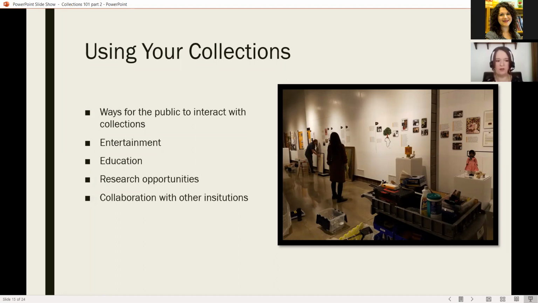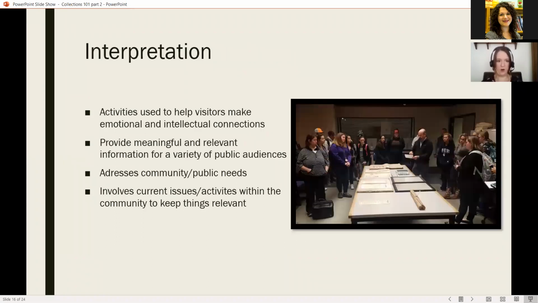And they present an opportunity to collaborate with other people outside of your institution. So interpretation is a major part of having your collections.